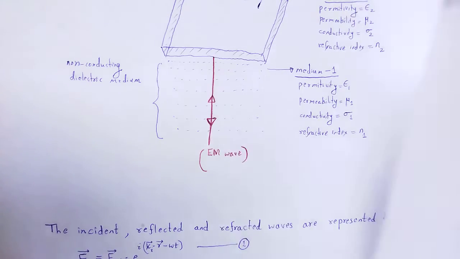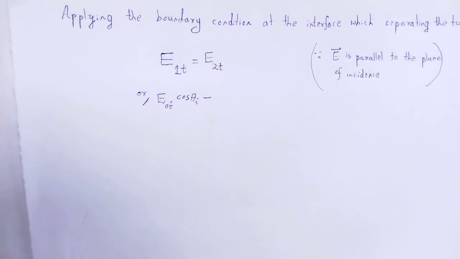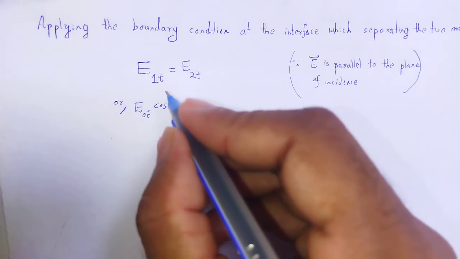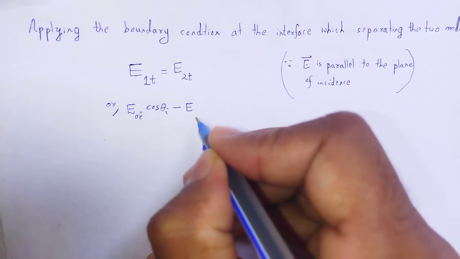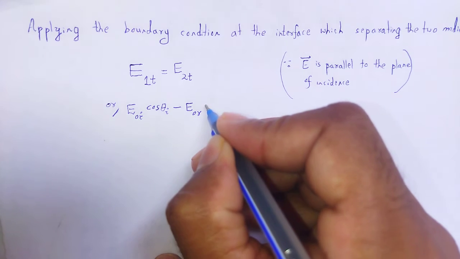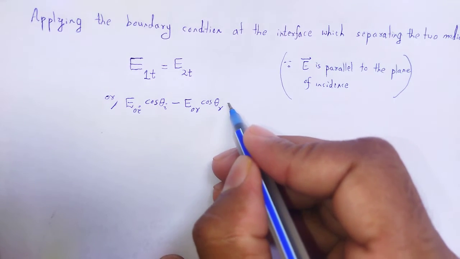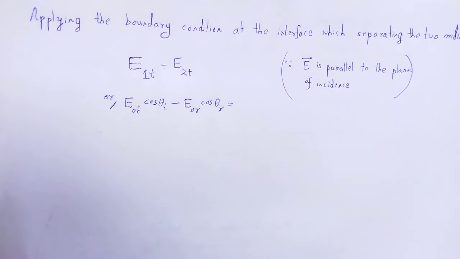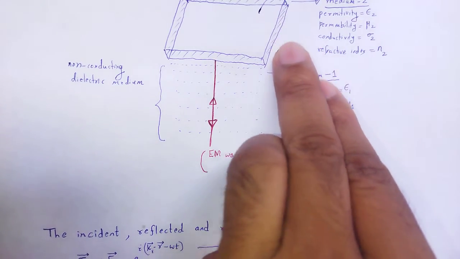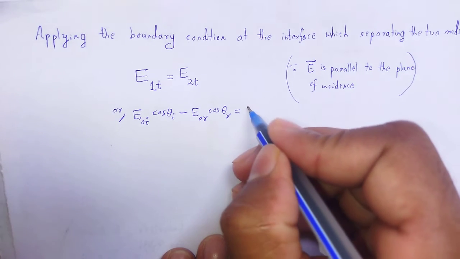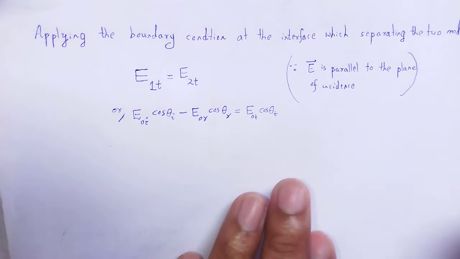Why we choose minus: the reflected wave is just opposite to the incident wave. Therefore, for the reflected wave in medium 1, its tangential component with amplitude factor E0R cos theta r is equal to, in medium 2, E0T cos theta t.